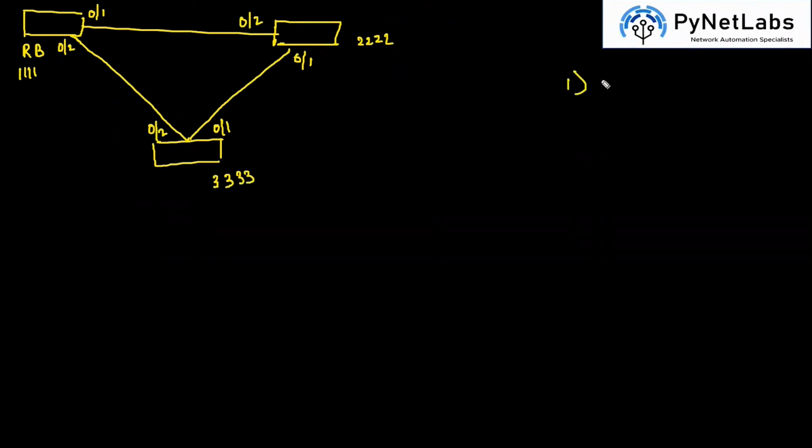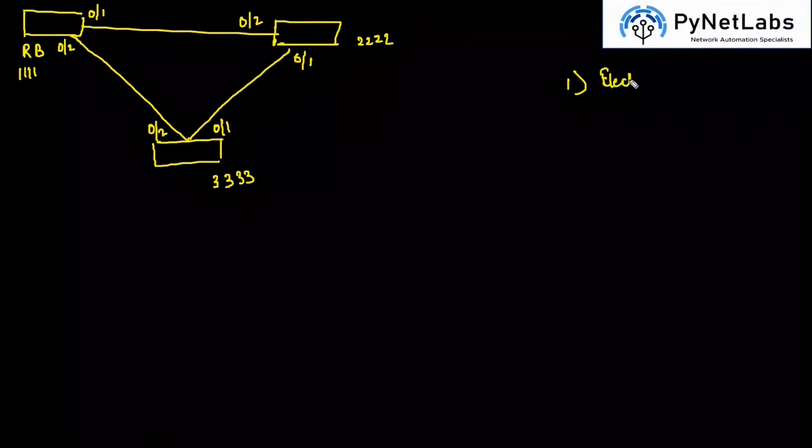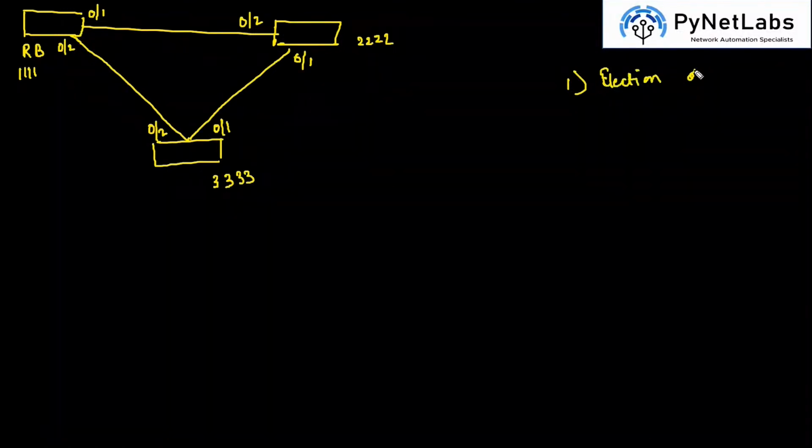The first step of STP is the election of the root bridge, and we have learned how this works, right? They exchange BPDU every 2 seconds, and BPDU is made up of priority value and MAC address, and the lowest priority is always preferred.